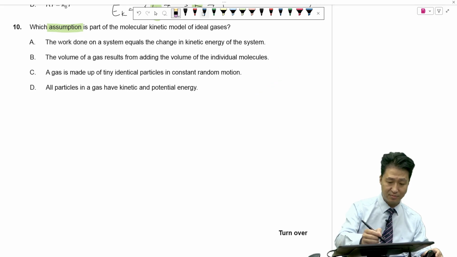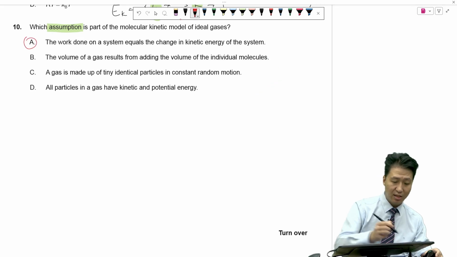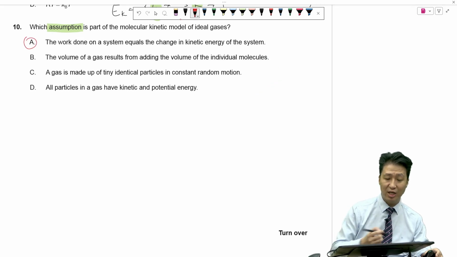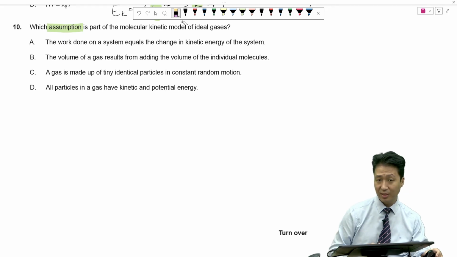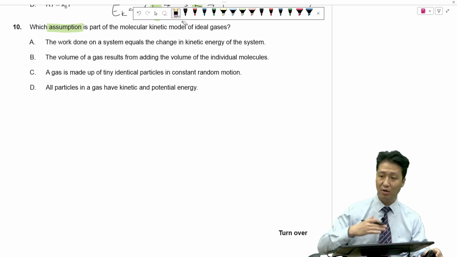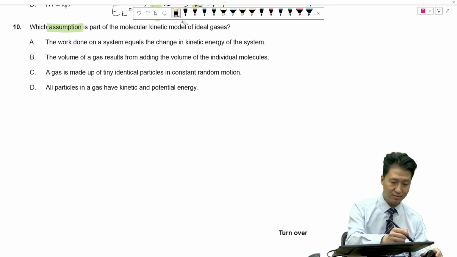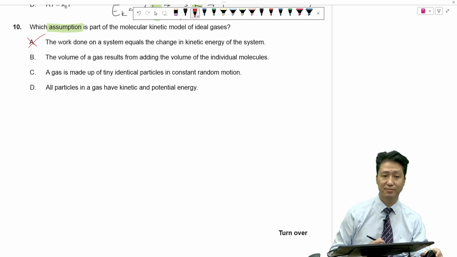For instance, A, the work done on the system equals the change in kinetic energy of the system. This is from thermodynamics, and technically it is true, but it is not an assumption. It's just a result of how gases and work is calculated. So it is not going to be A, not an assumption.